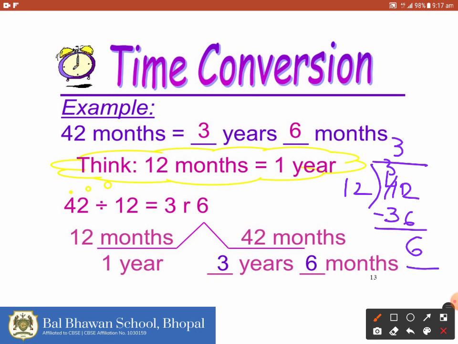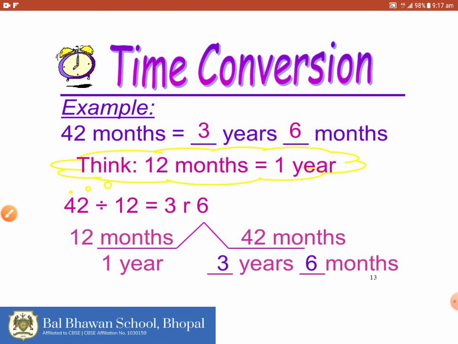It means remainder is 6. So, whatever is your quotient will be in years and whatever is your remainder will be in months. It means you have got 42 months is equal to 3 years and 6 months. In this way, children, you can do the conversion of different units into each other.